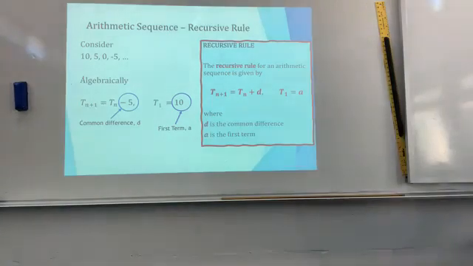You must know that the recursive rule for an arithmetic sequence is given by Tn plus 1 equals Tn plus D, where T1 equals A. And D is the common difference, A is the first term. That's what you need to know. All right? Write down the formula, please, and write down the definition of D and A. Thank you.